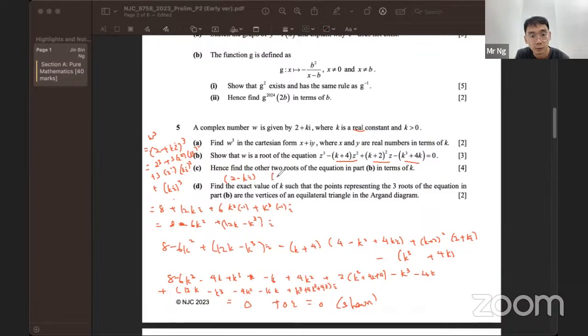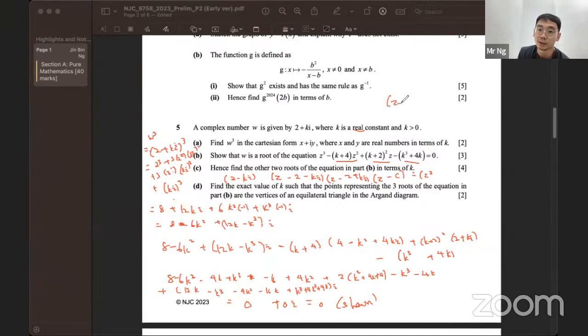So here we go: z minus 2 minus ki, again z minus 2 plus ki, then after that z minus c. So this one equals to z square. Let's expand this.